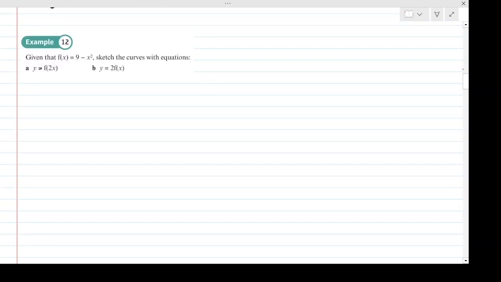So we're given that f of x is 9 minus x squared. We need to sketch the curve, first of all, y is f of 2x and 2f of x. Now we look at this first one, f of 2x. Formally, it's what we call a stretch.